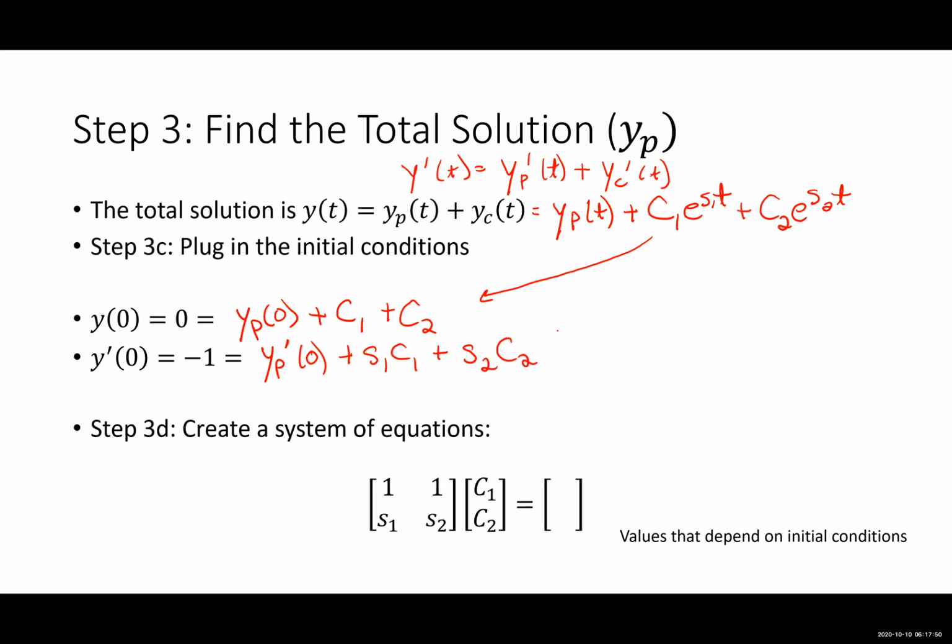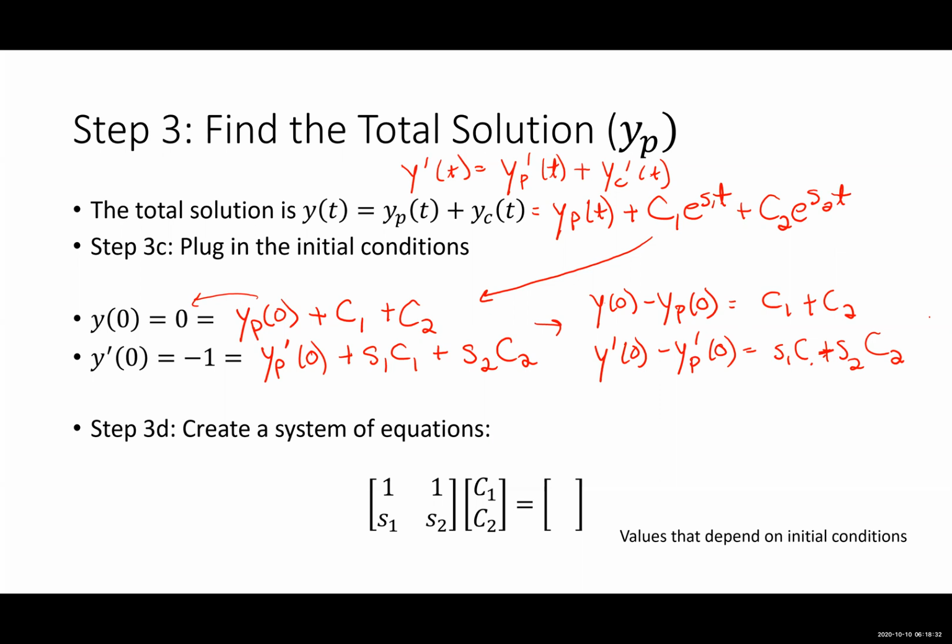So what that says is I can create a system of equations here that is going to look like this. It looks like I have y of 0 minus the particular solution at 0, bringing this over to the other side, and y prime of 0 minus the first derivative of the particular solution evaluated at 0, equal to C1 plus C2, and this is equal to S1 C1 plus S2 C2.